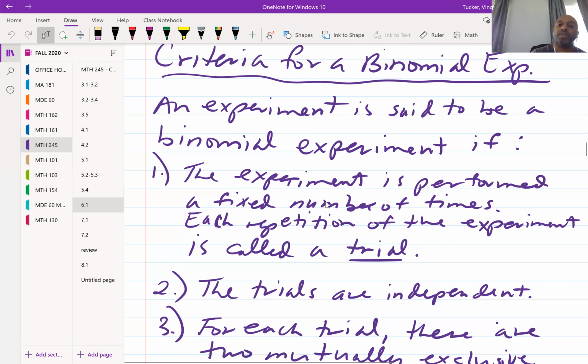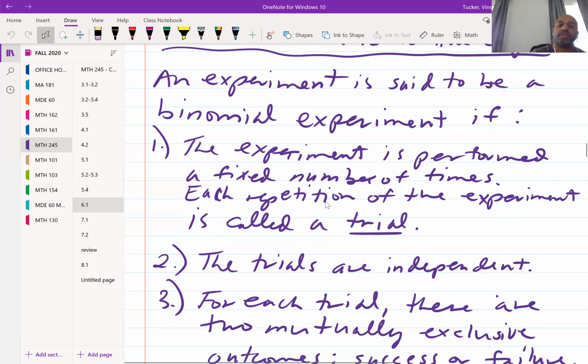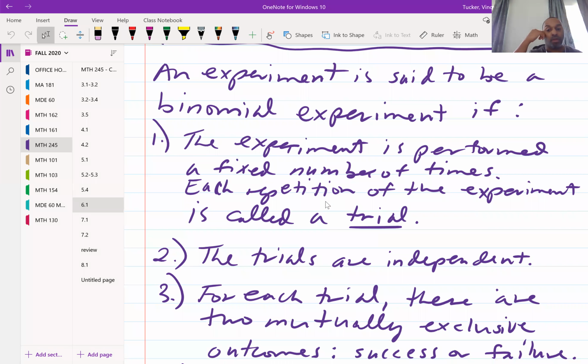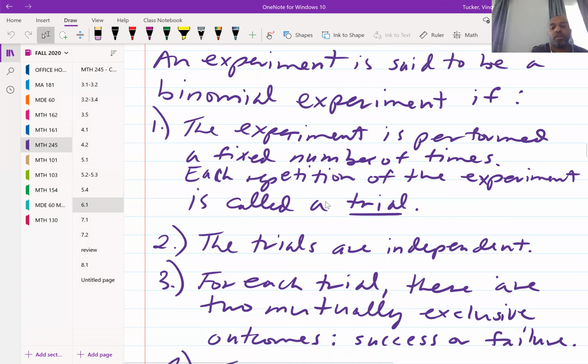We talked about independent versus dependent previously, chapter 5. Three, for each trial, there are two mutually exclusive outcomes, success or failure. Remember, you either make a shot or miss a shot. Can't be both.